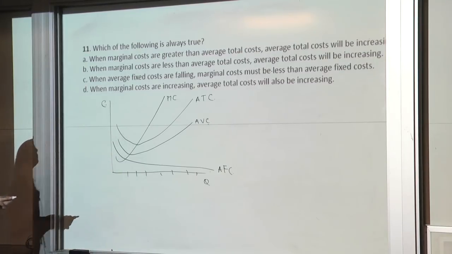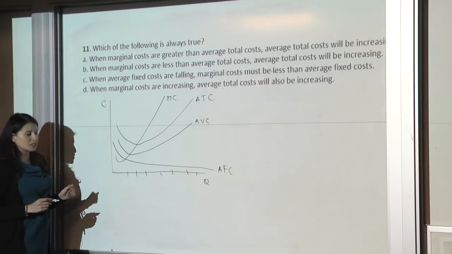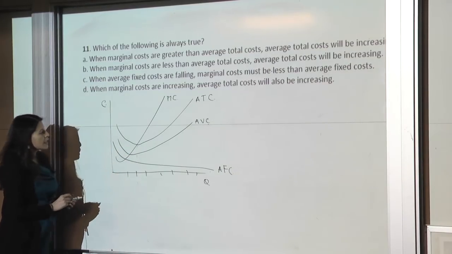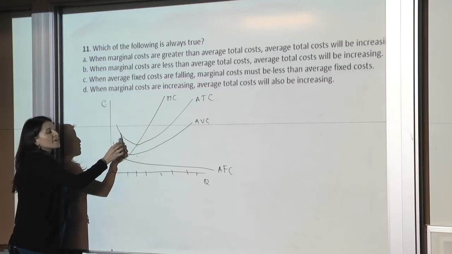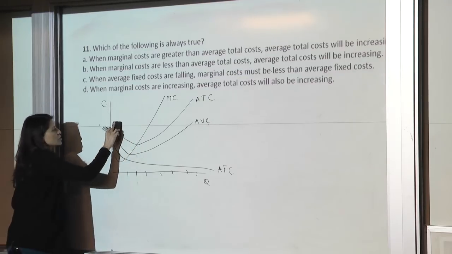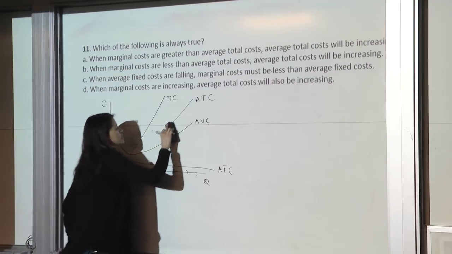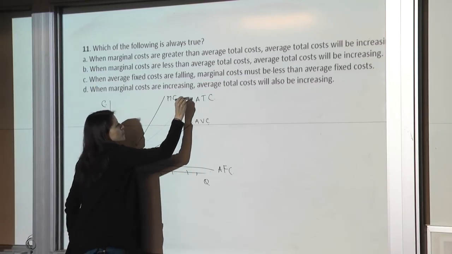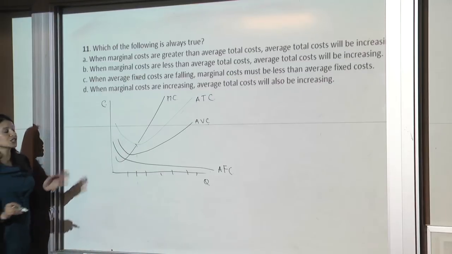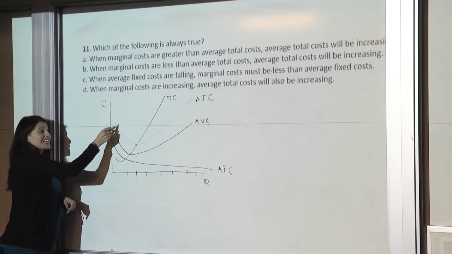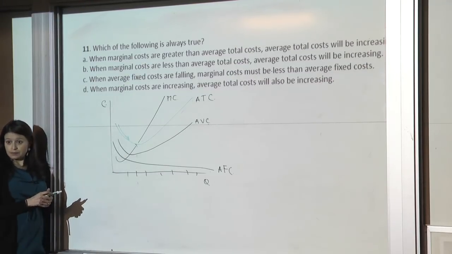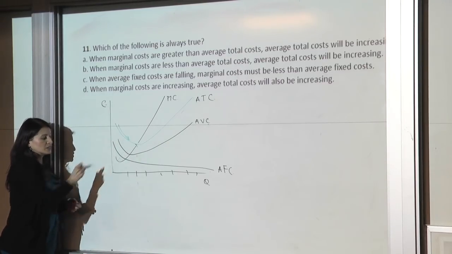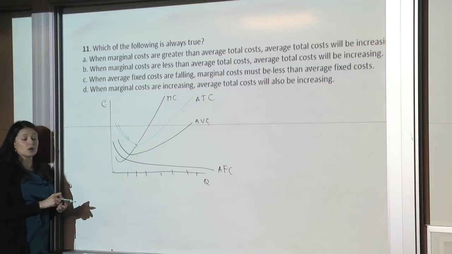So here, what can you see? Look. When average total cost, let's put colors here so it's easier to see. Okay. When average total cost is decreasing, average total cost is higher than marginal cost, right?